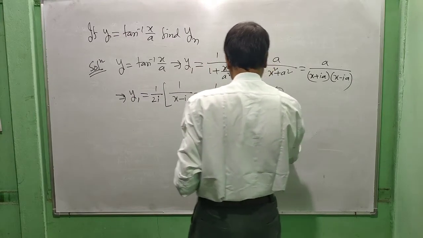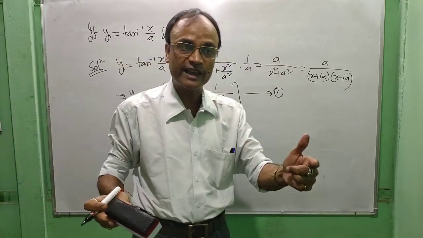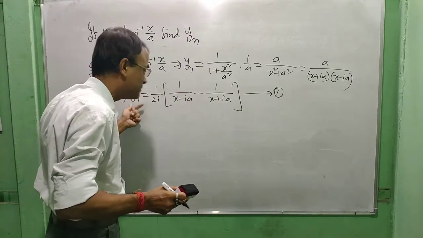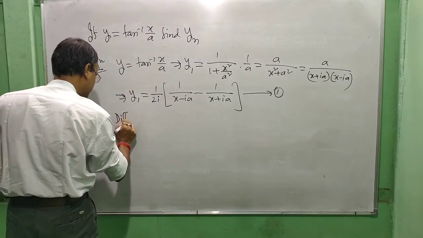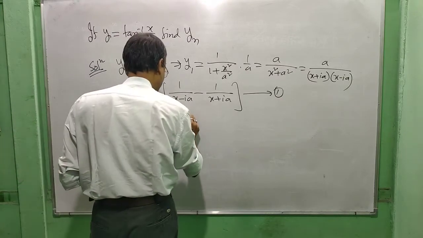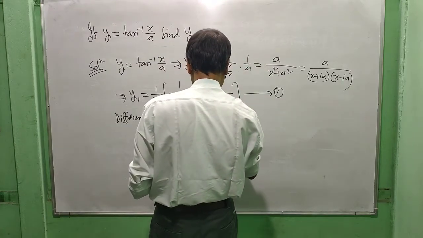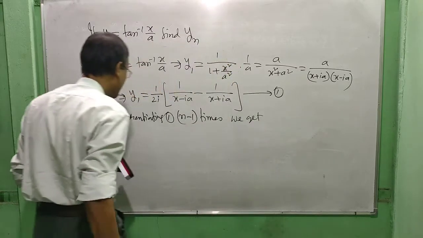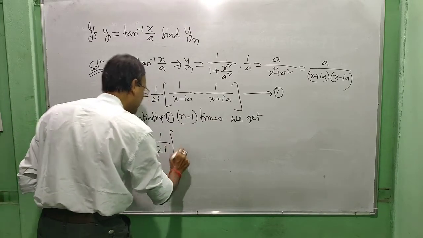Now suppose this is number 1. This is y1. To find yn, we have to differentiate 1 with respect to x n minus 1 times. Then we will find yn. Differentiating 1 n minus 1 times with respect to x, we get yn is equal to 1 by twice i.